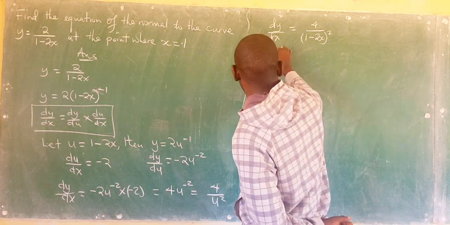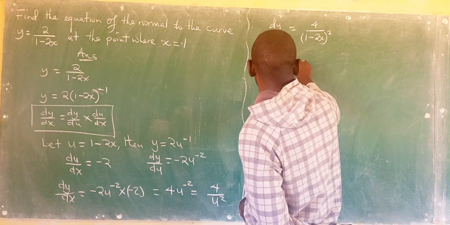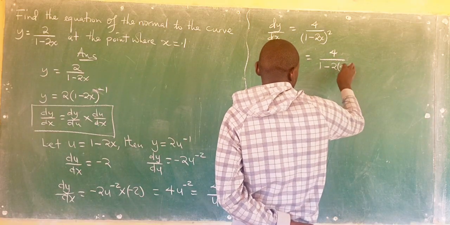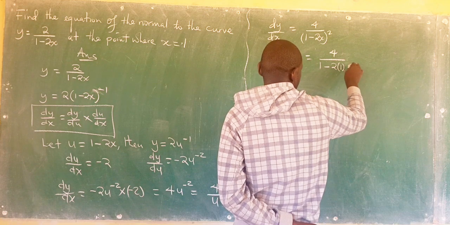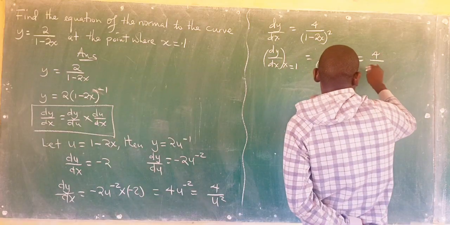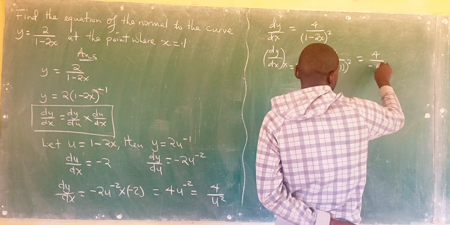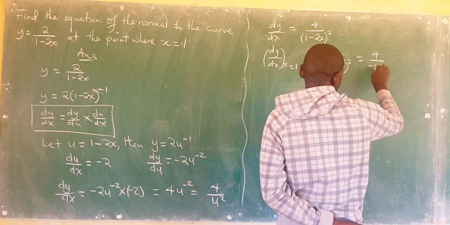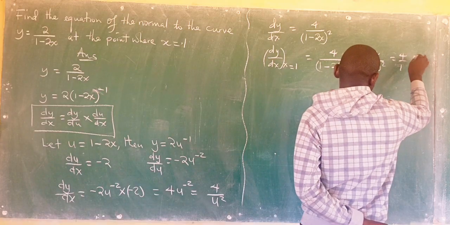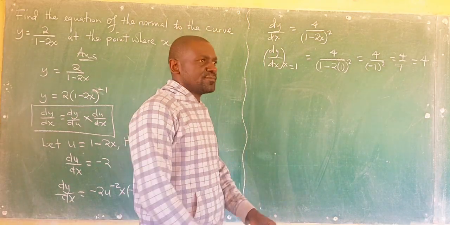So dy/dx at x equal to 1 is 4 over (1 minus 2 times 1) squared, that gives us 4 over negative 1 squared, but we are squaring it, so 4 over 1, which eventually becomes 4. So the gradient of the tangent is simply 4.